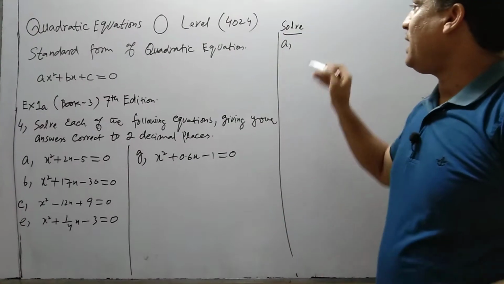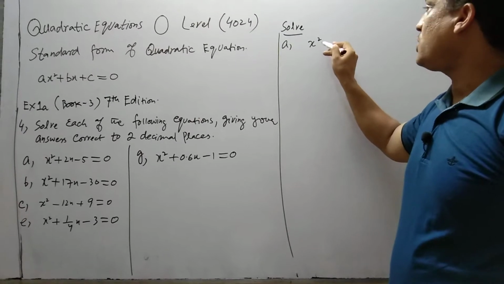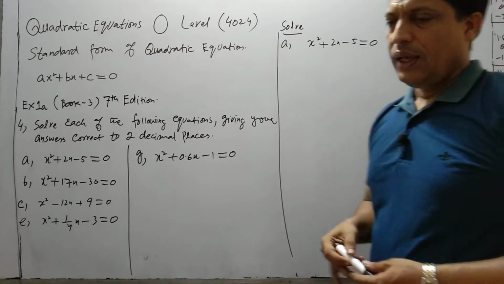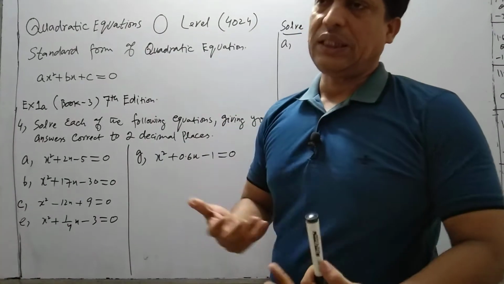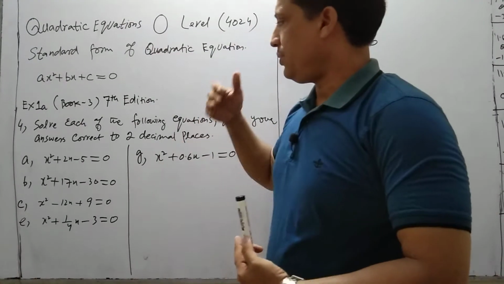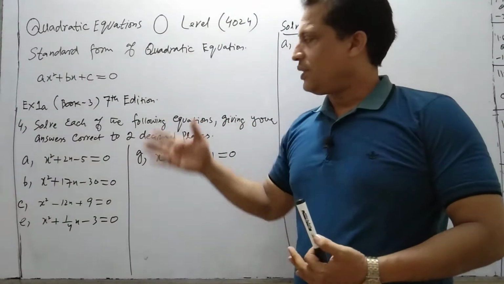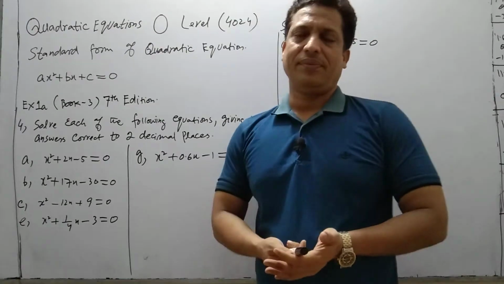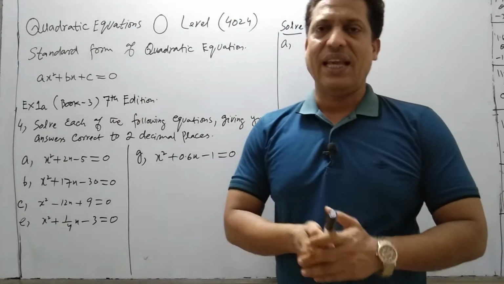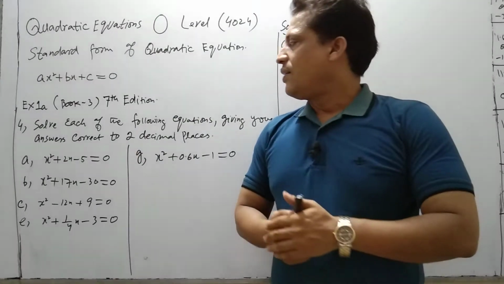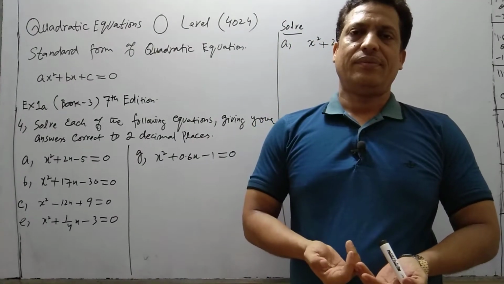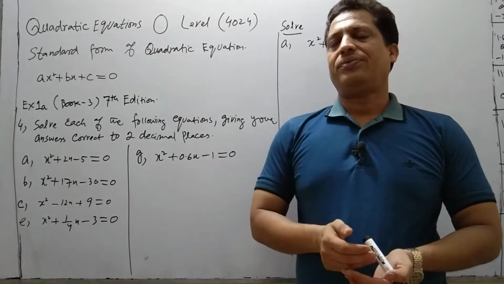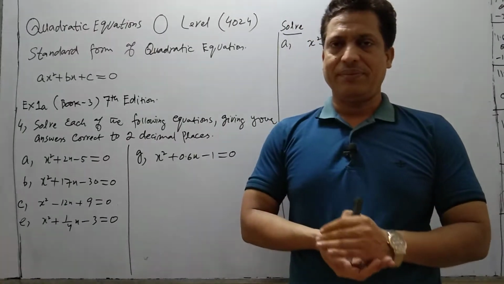Part A. x square plus 2x minus 5 is equal to 0. Students, when we have to do questions related to the completing square method, one question arises in our mind. Why are we applying the method of completing square instead of the method of factorization?